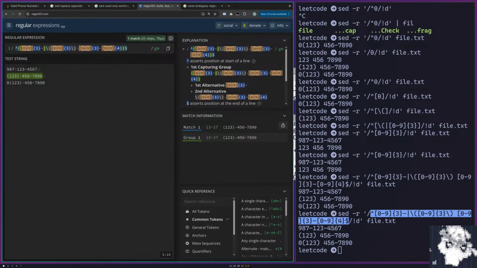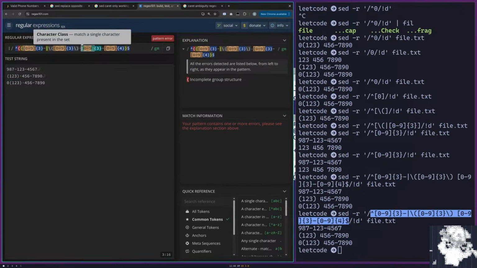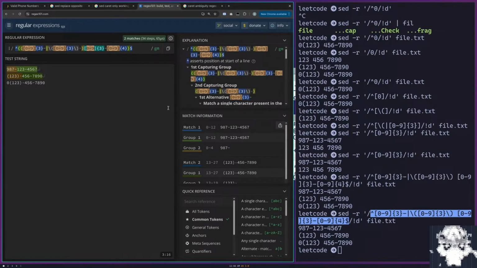Either you start with 3 digits, or you are this whole string. Well, I want the alternatives to end after this beginning part. So open parenthesis here, end parenthesis here. And that's what I want.